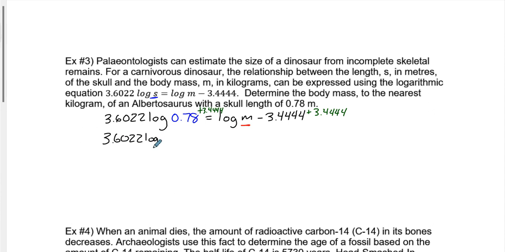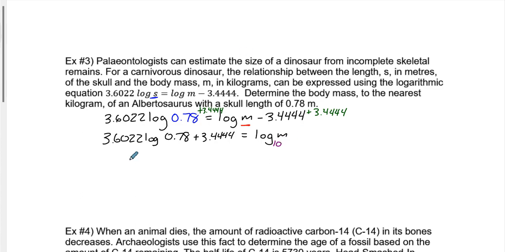3.6022 log of 0.78, add 3.4444, which is equal to log m. This entire left side is just a number. At the same time, our logarithm m is log base 10.